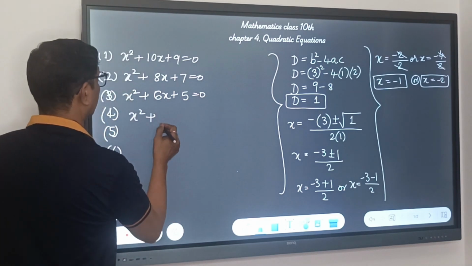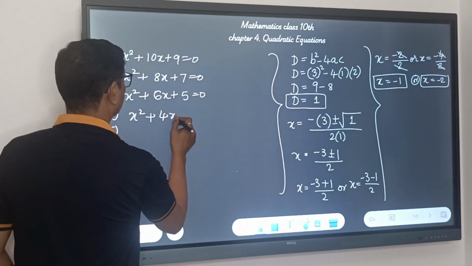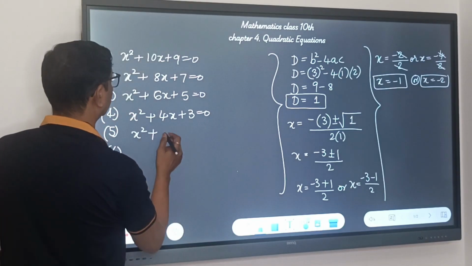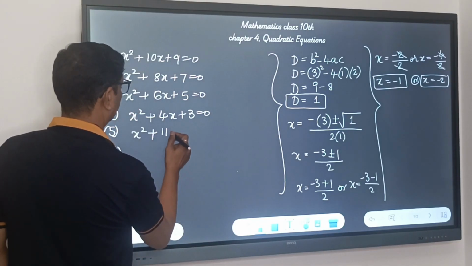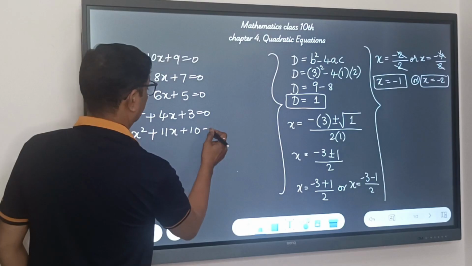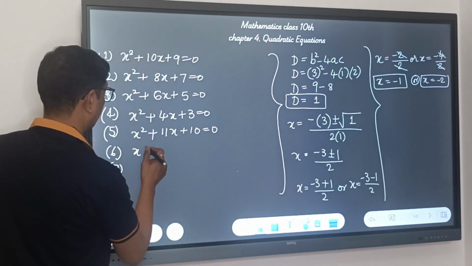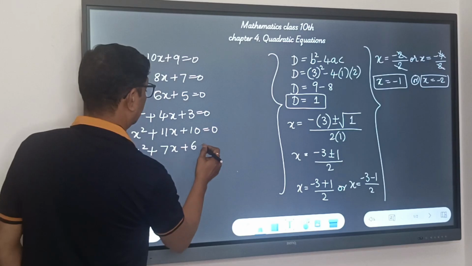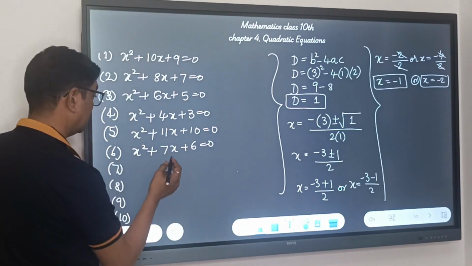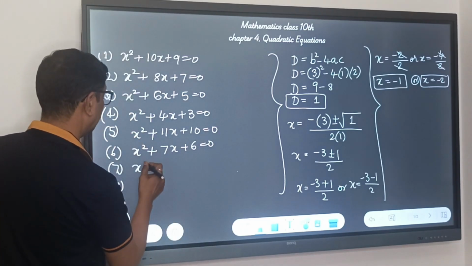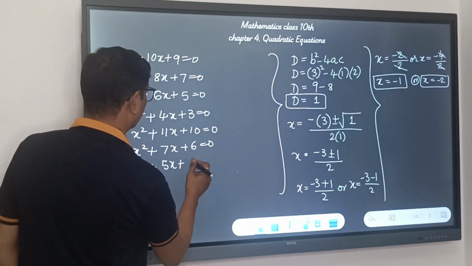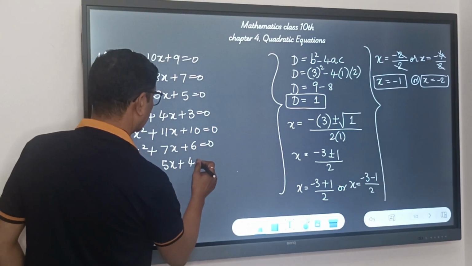So x square plus 4x plus 3 is equal to 0. X square plus 7x plus 6 is equal to 0. X square plus 5x plus 4 is equal to 0.